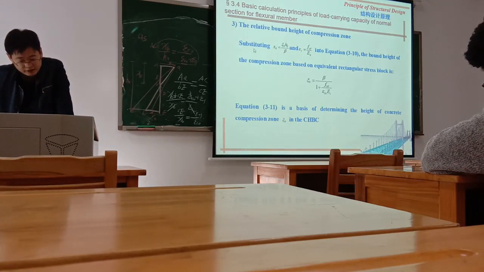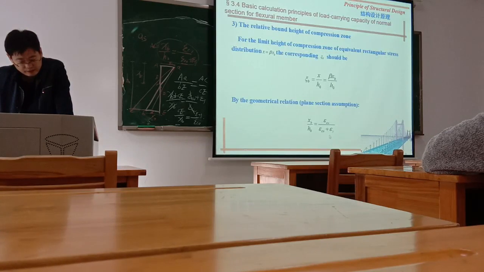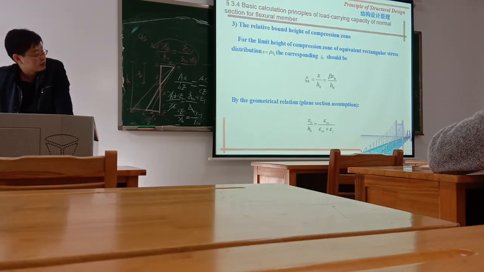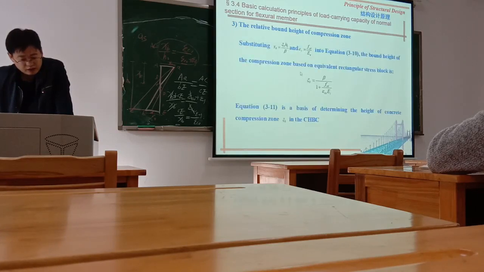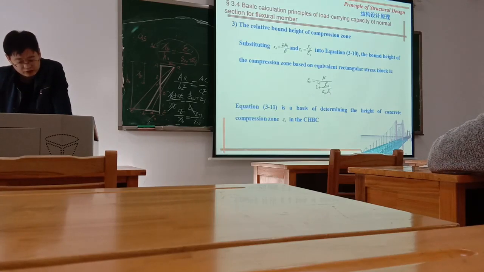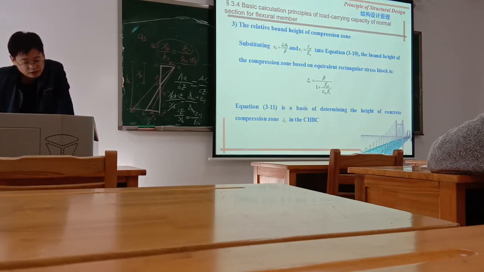So replace this epsilon y and xb into this relation, and finally you can get CB equal to this. So xb equals CB h0 divided by beta.